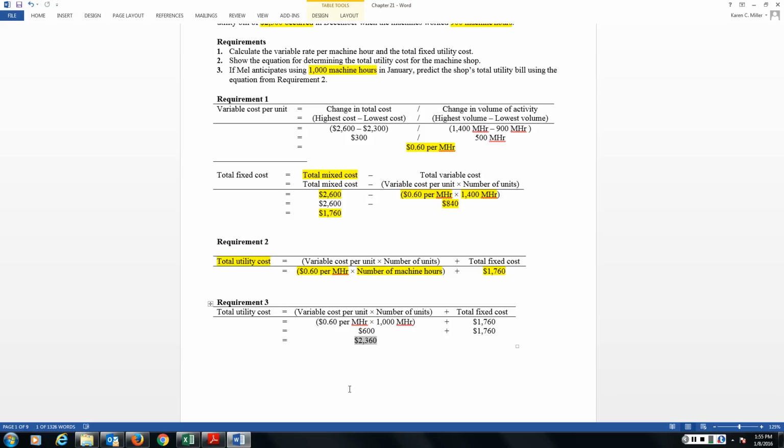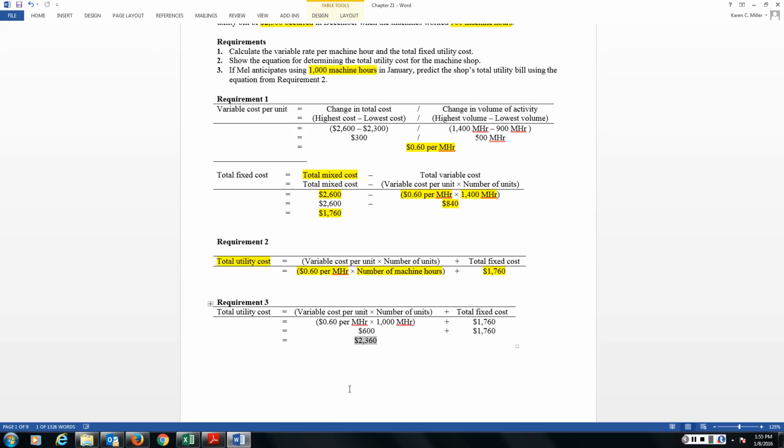Once again, it's just an estimate, and our estimate is only as good as the data that we're using to create it. But I can use this simple, basic mathematical formula to predict what utility costs should be for a month, a quarter, semi-annually, annually.